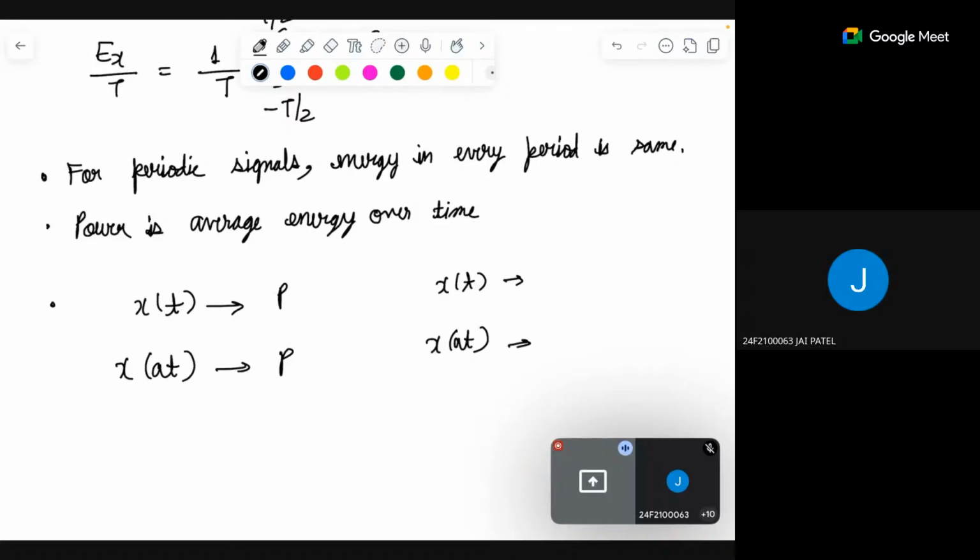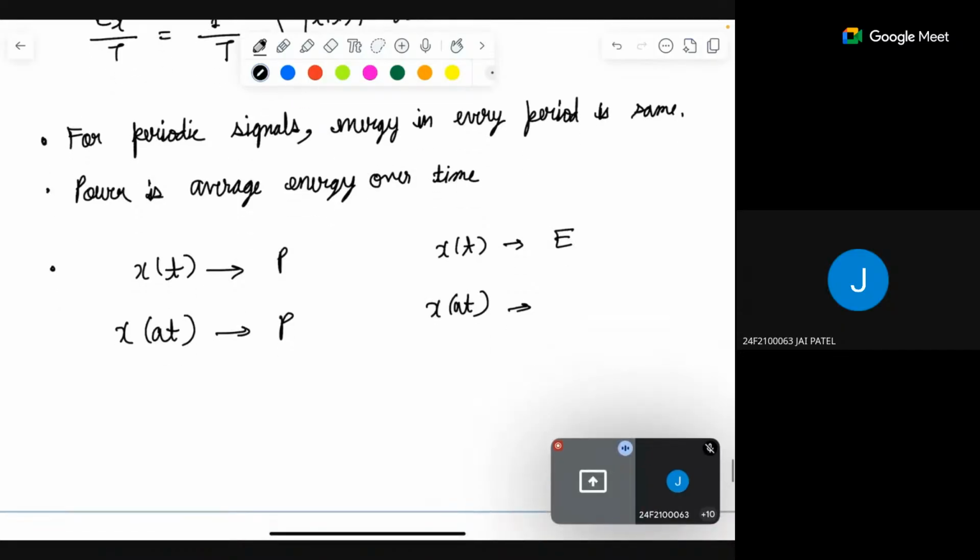Because the period will change, so overall that effect will lead to the same power. But if I have a signal x of t with energy E, and I calculate the energy of x of at, its energy will become E by mod a. Is this fine?